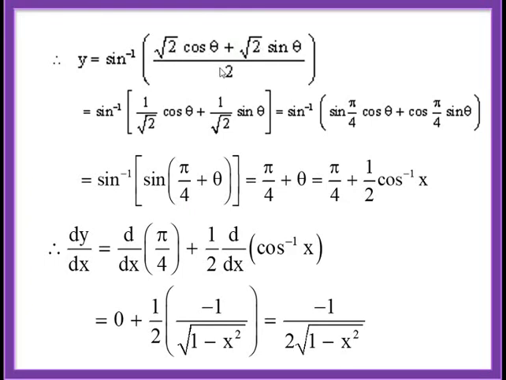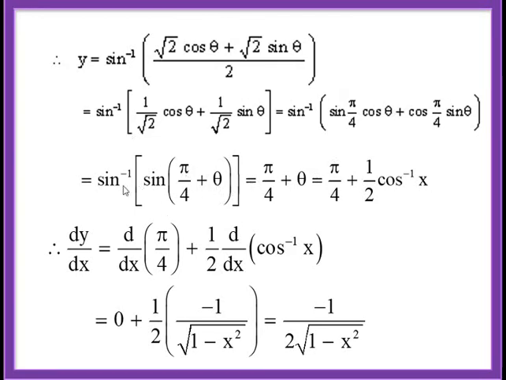Now what is root 2 upon 2? This 2 is root 2 into root 2. So 1 upon root 2 cos theta plus 1 upon root 2 sine theta. I replace this 1 upon root 2 by sine pi by 4 and this 1 upon root 2 by cos pi by 4. Note that this is the expansion of sine of pi by 4 plus theta.